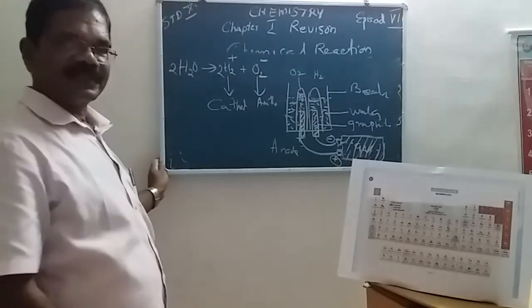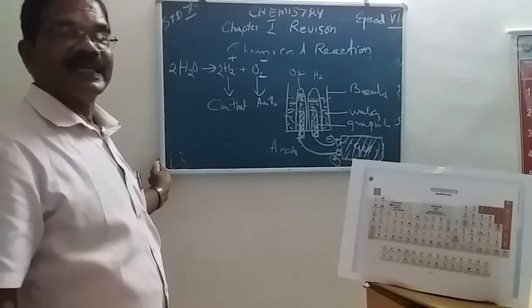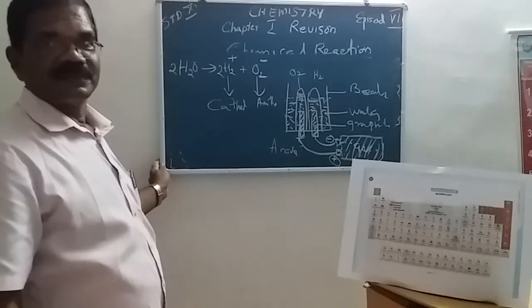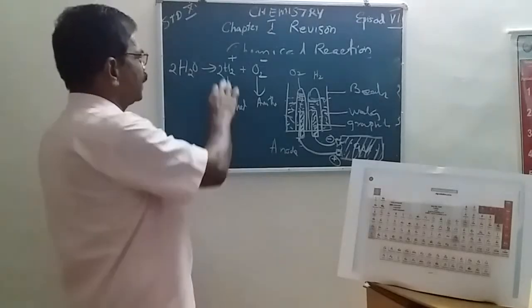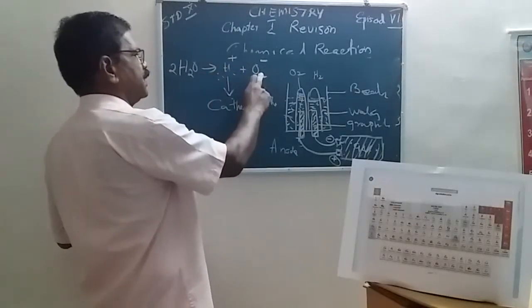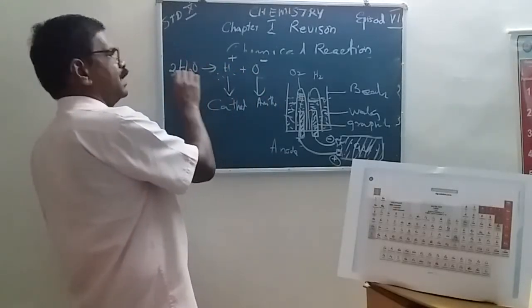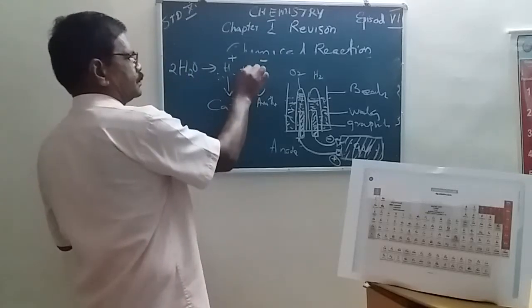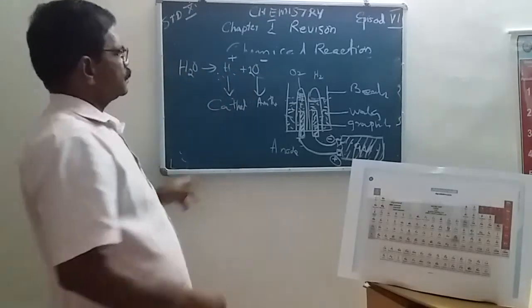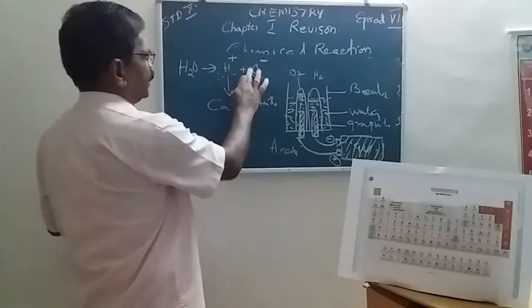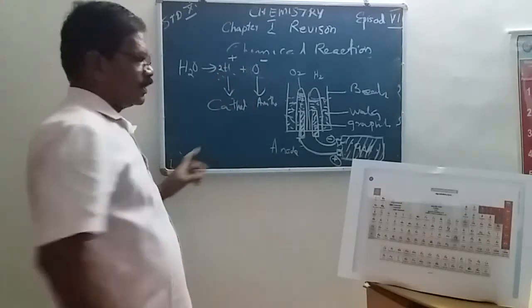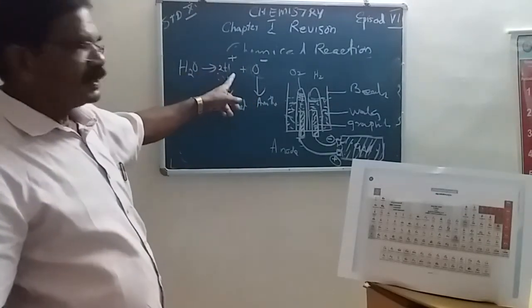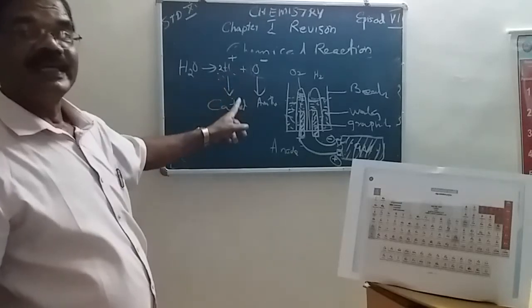Hydrogen is a positive ion and oxygen is a negative ion. What are ions? Electrically charged atoms are called ions. Positive ions are always attracted to the negative electrode, the cathode.